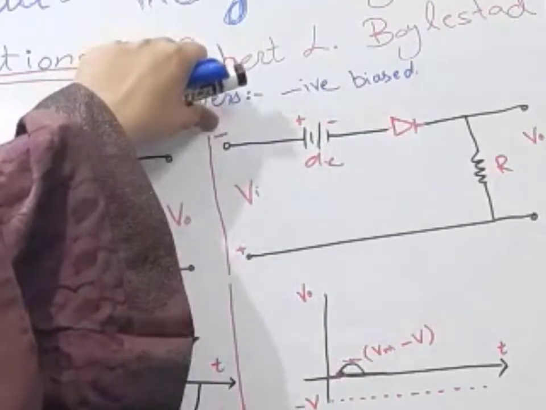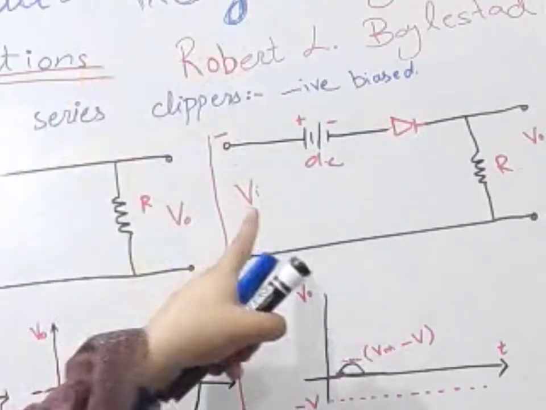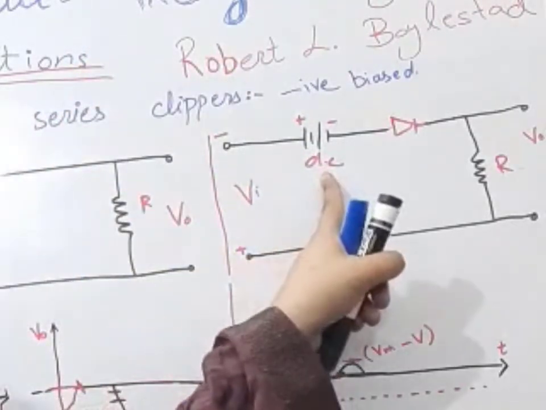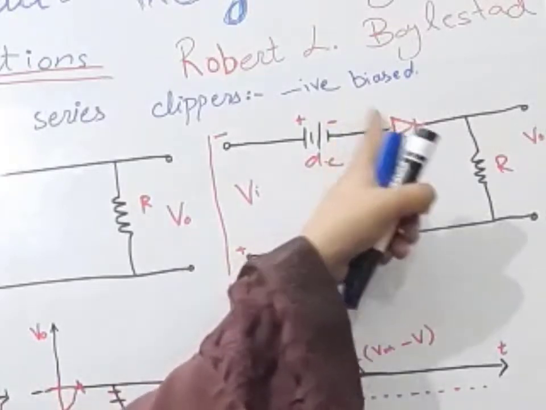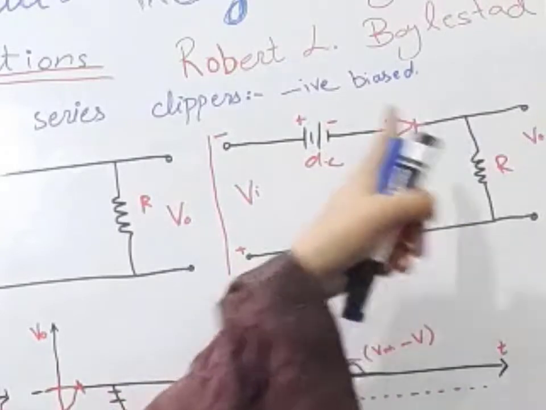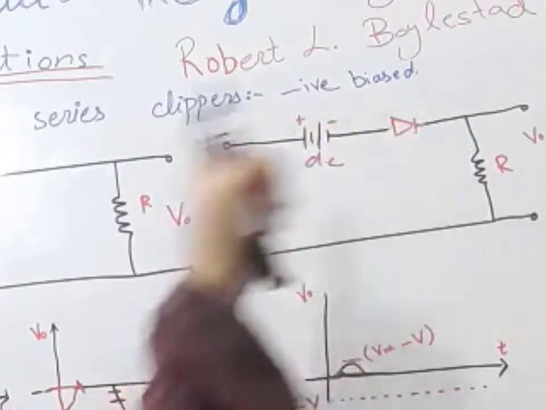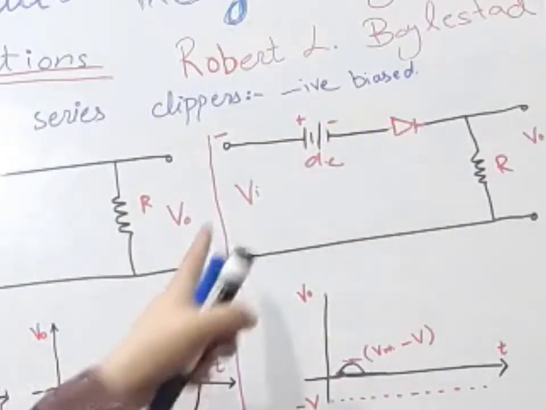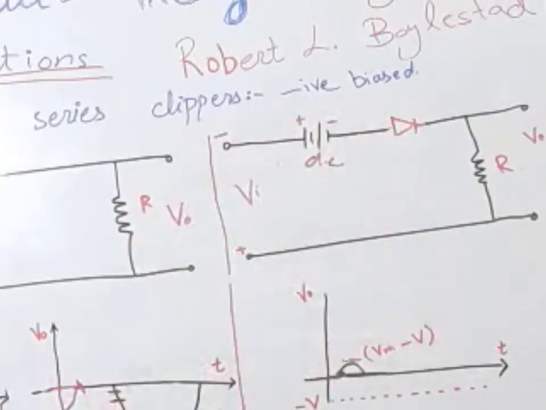This is input waveform, which is the negative half cycle of input waveform, and here is the battery. Both are connected with negative. This negative tried to make diode reverse bias. This negative tried to make diode reverse bias. It means both are tried to make this diode reverse biased for negative half cycle.